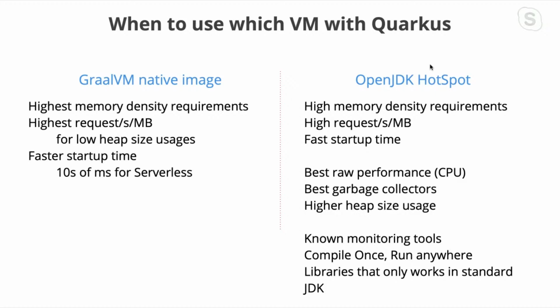It has faster startup times and is a great use case for things like serverless. But you might want your application to have things like garbage collectors and the same raw performance, and take advantage of that ahead of time compilation as well. So you have the OpenJDK HotSpot mode in that sense.